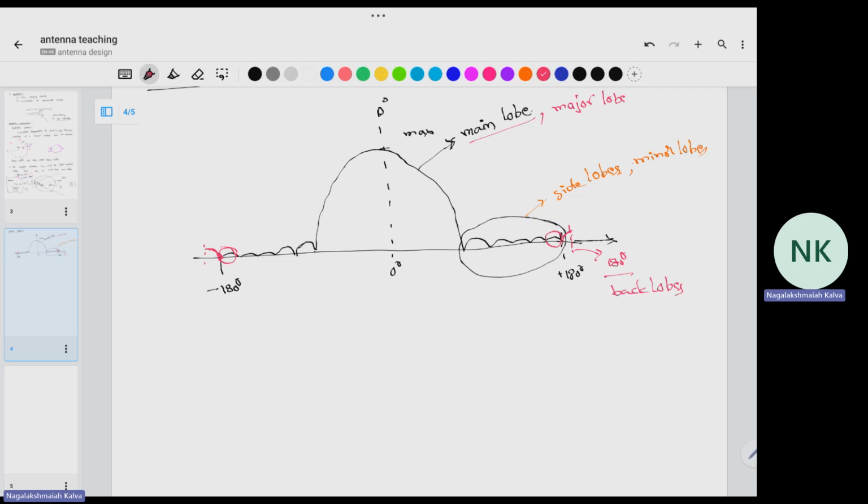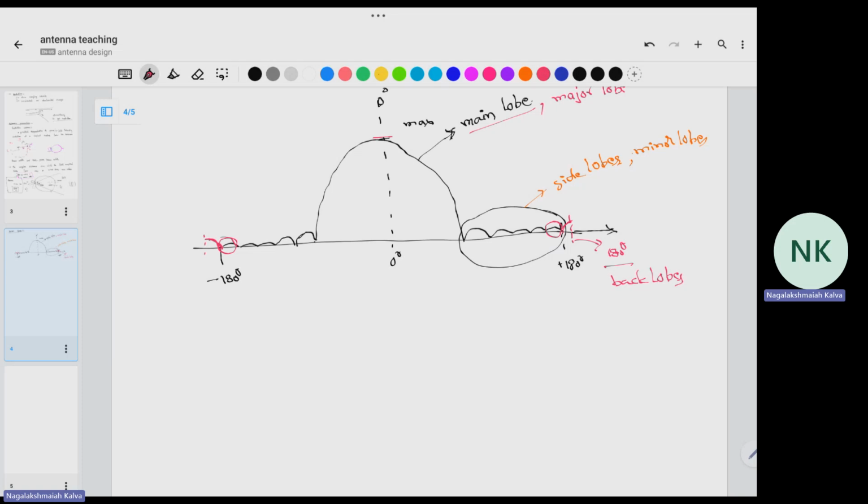Sometimes when you have a directional antenna, then it is possible. When it is omnidirectional or isotropic radiation, then there are no back lobes. So we'll discuss further in the upcoming time.